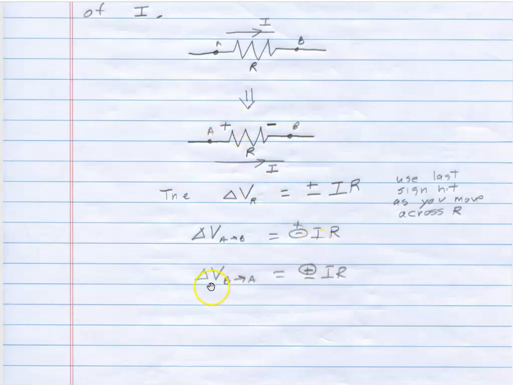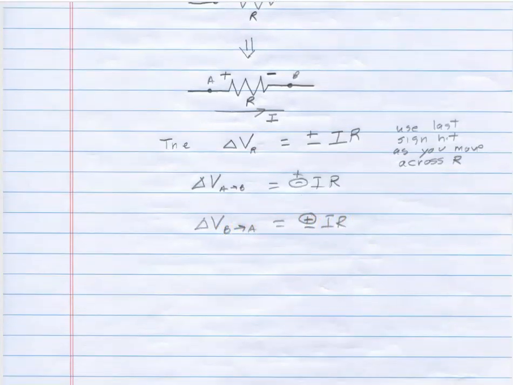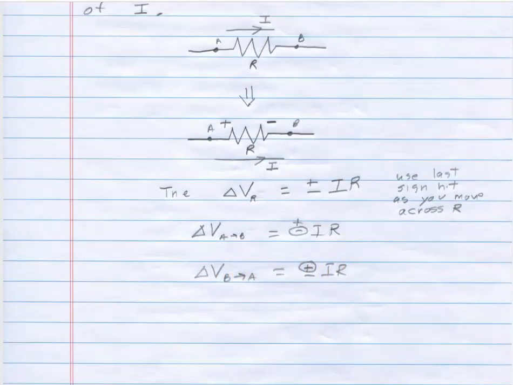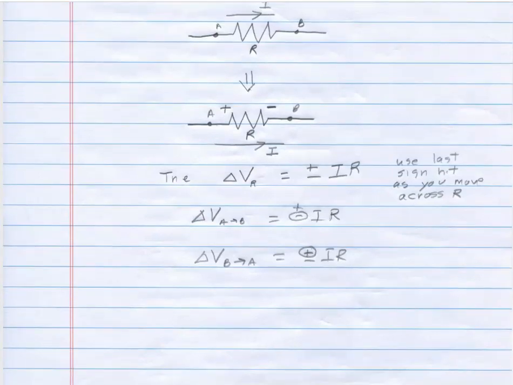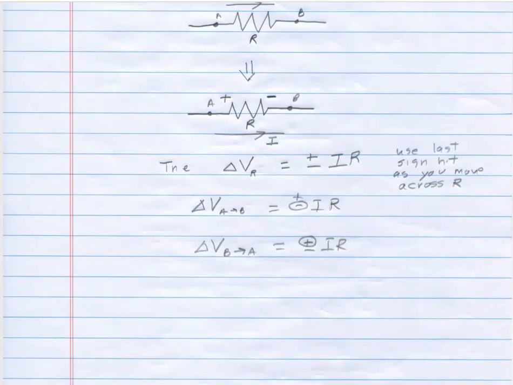And so the potential difference across that resistor as I go from B to A is plus IR. It'll be convenient a little later on to use this methodology in which we mark the polarity of the two sides based on the direction of positive current flow.